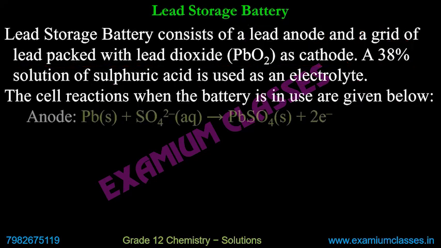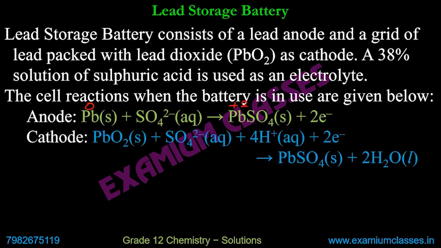The cell reactions: at anode, you have lead. It reacts with sulfate ions of H2SO4 and produces lead sulfate. Oxidation state of lead goes from 0 to +2. Oxidation. Next, cathode.